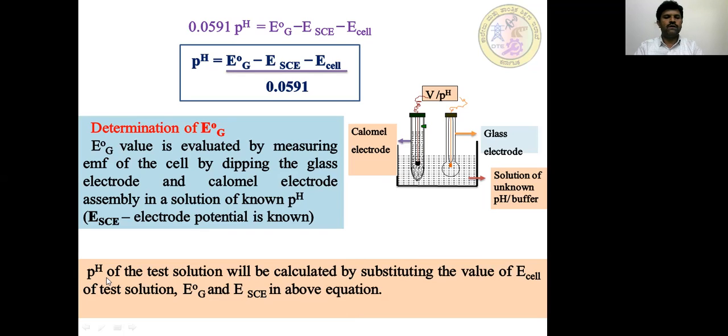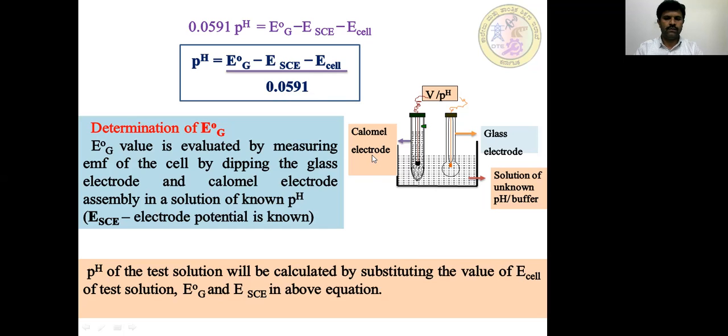The pH of the test solution will be calculated by substituting the value of the EMF of the cell of the test solution, the standard electrode potential of the glass electrode, and the electrode potential of the saturated calomel electrode in the above equation, that is pH is equal to E naught G minus E saturated calomel electrode minus EMF of the test solution, divided by 0.0591.